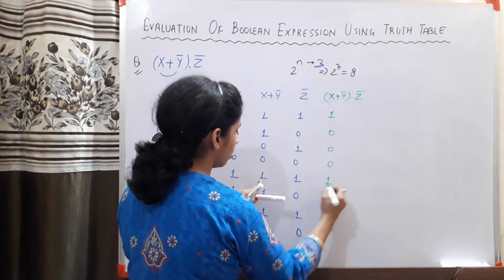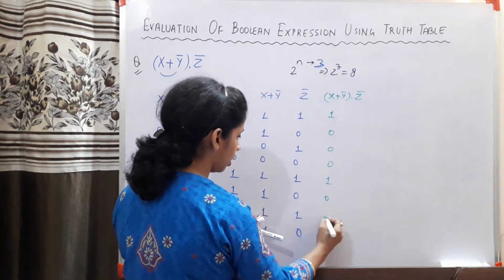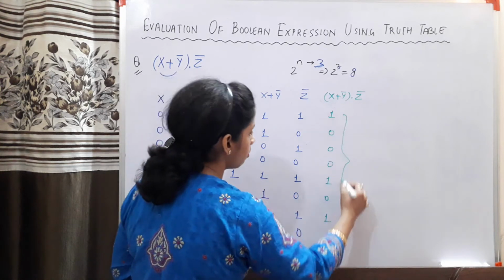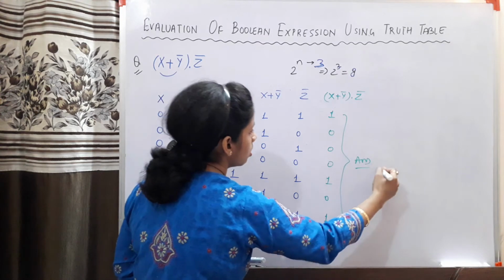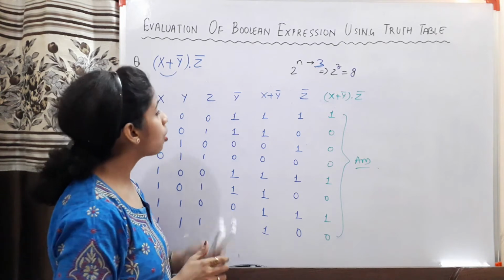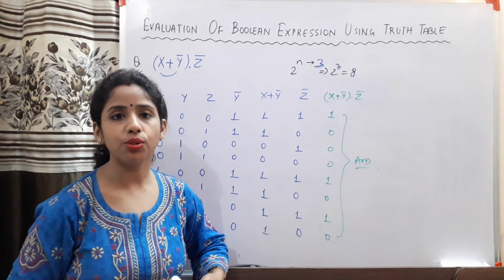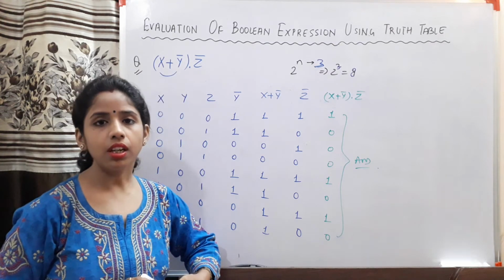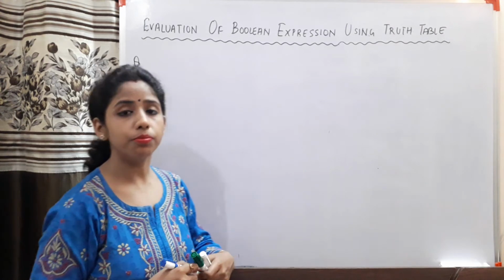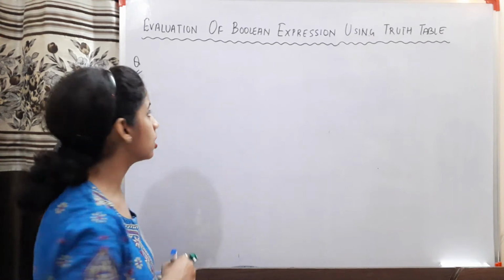Here it will be 1. Here it will be 0. Here it will be 1. And here it will be 0. So this is your final answer. So I hope now you must have understood how to solve a Boolean expression using truth table. Clear?